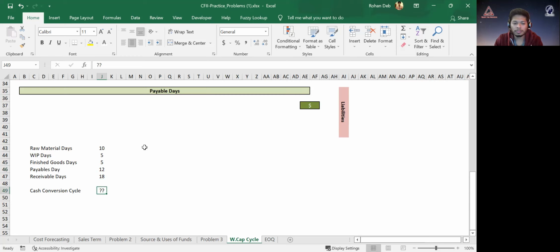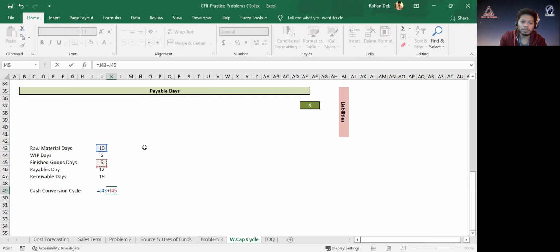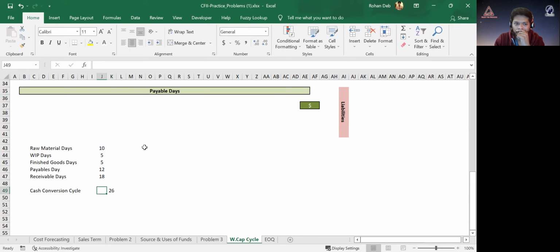So this is 26. How is this 26? Equal to this plus this plus this minus, sorry, plus this minus this. So this is an important sum.